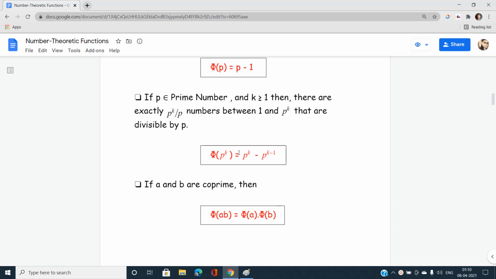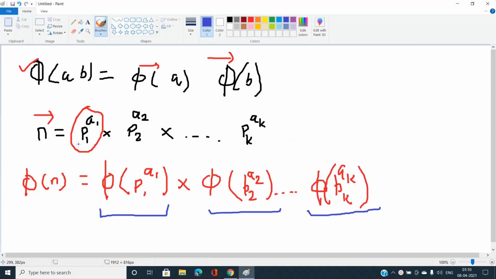In prime factorization, p1, p2 and pk are already prime numbers. So phi of p1 power a1 can be written as p1 power a1 minus p1 power a1 minus 1, and similarly p2 power a2 minus p2 power a2 minus 1, and it goes on for each prime factor.